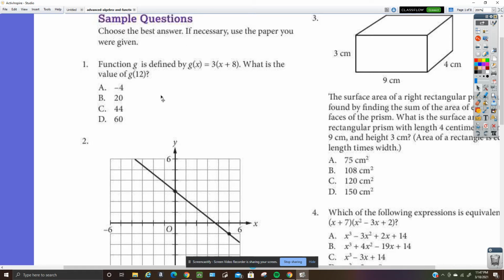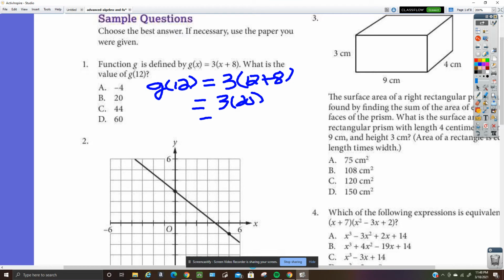So you want to plug in a 12 wherever there's an X. So 3 times 12 plus 8 is 3 times 20, which is 60. So number 1 is D, as in delta.